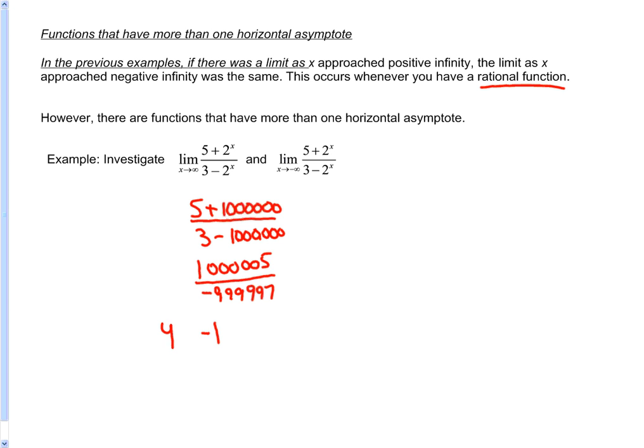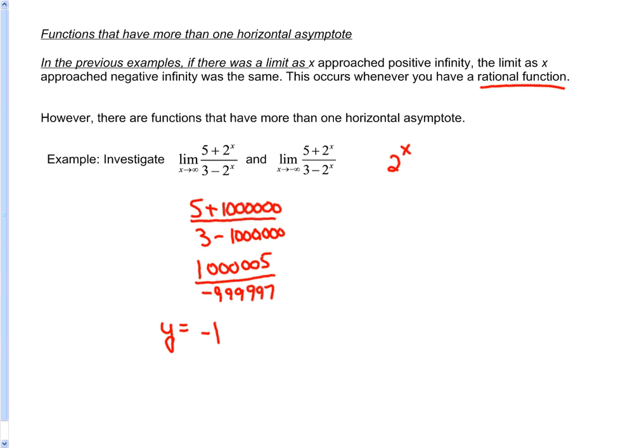So y equals -1 is going to be a horizontal asymptote, because the limit as we approached positive infinity was -1.